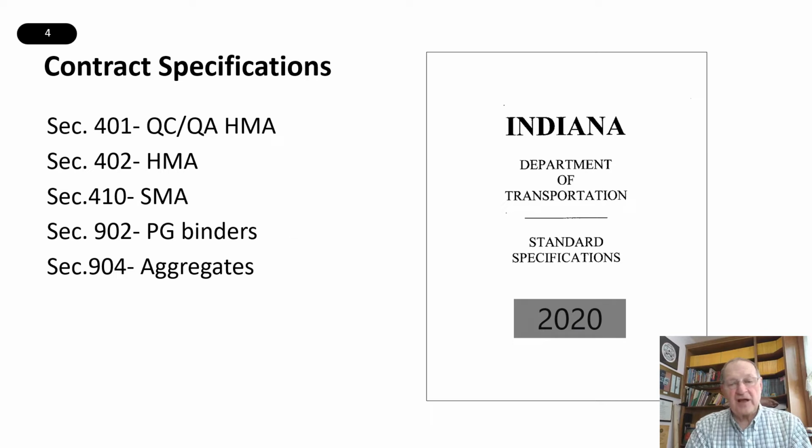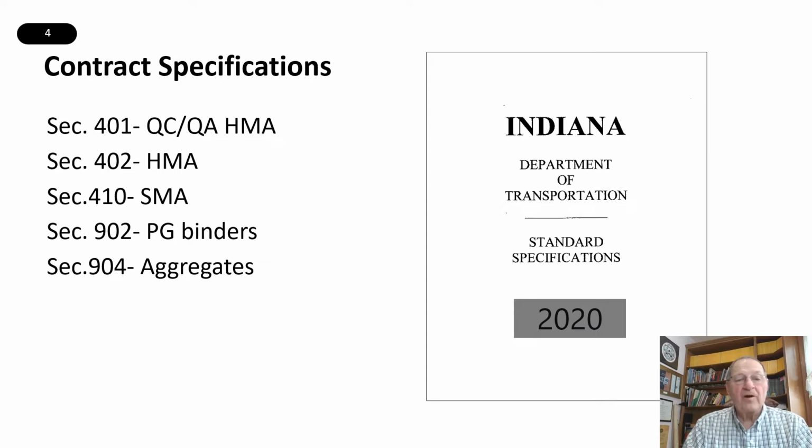Now, in terms of the contract specifications, in the Indiana Department of Transportation specifications, in section 401, we will find information about what is referred to as QC/QA HMA, quality control, quality assurance, hot mix asphalt. Section 402 deals with HMA, which is usually used for local agencies or can be used for very small quantities on an INDOT project.